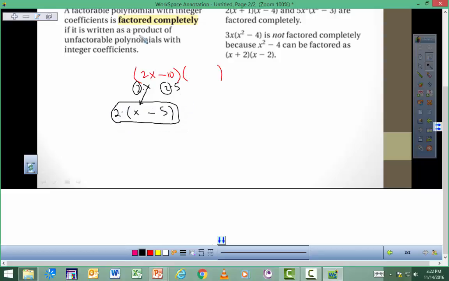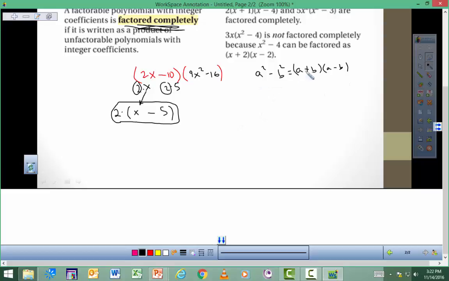Okay, but there's another way we have to factor completely. Like, for example, let's say we're factoring along and we have, let's just say 9x squared minus 16. Well, you learned way back in chapter 1 that the difference of two squares looks like this, a squared minus b squared. This factors to like a plus b and a minus b.